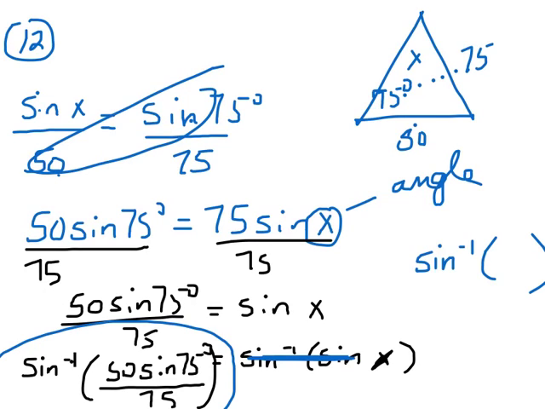Now what I'm going to do is let's type the top in. Isn't there more than one term on the top? It's like 50 times the sine of 75, right? So I'm going to put the top in another set of parentheses. So I've got the parentheses, the sine open, then I just put another parentheses because I'm trying to be real careful that I get this in the calculator right. So inside the second open parentheses, I'm going to type 50 sine 75.